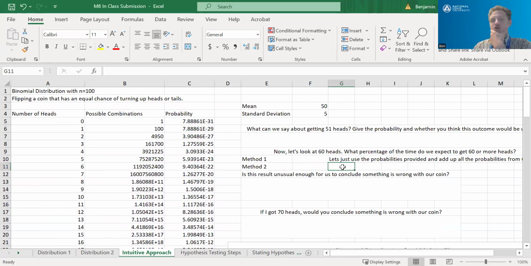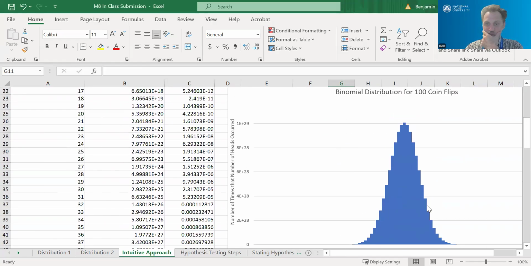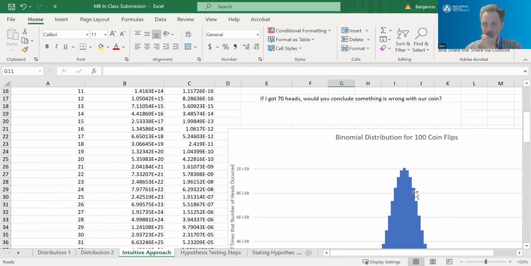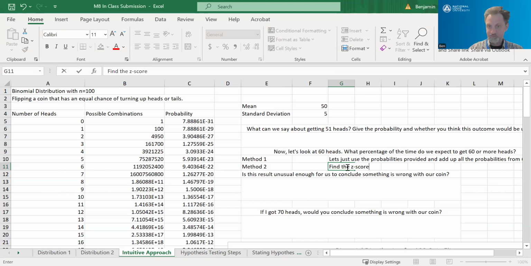Now, what could we use for our second method? Well, notice that this distribution is very normal. So we could do a little bit of work using our mean and standard deviation to figure out the z-score, using 60 as our data point, and then translate that z-score into a probability.